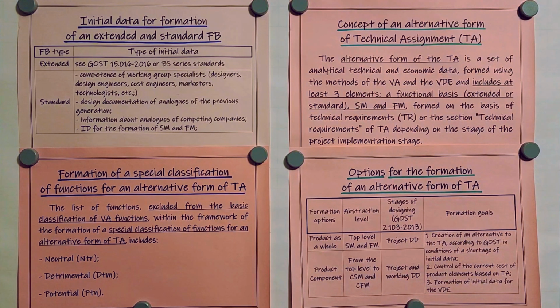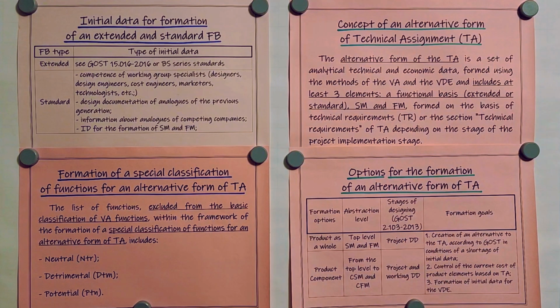To form the abstract structural and structured abstract functional model of the technical assignment, we use a special classification of functions formed on the basis of the existing complete classification used in value analysis and value design engineering, taking into account the exclusion of certain groups of functions that do not relate to the content of the technical assignment.